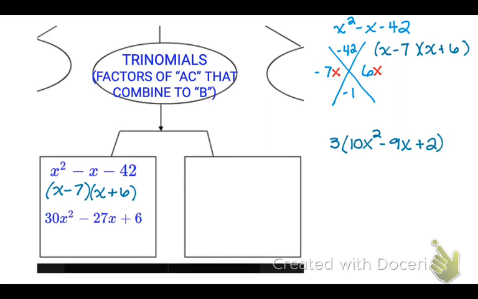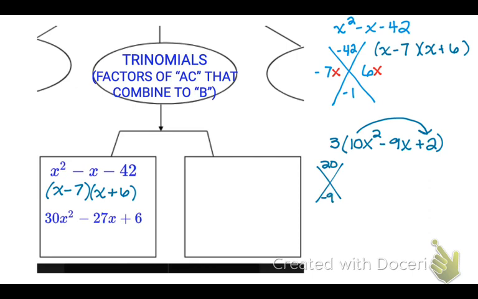Now, the coefficient on the x squared is not a 1, which means that when I do my little puzzle here, I have to multiply that 10 and the 2 together to make sure that I get the correct middle term. So 10 times 2 is 20, and then we put the negative 9 here.